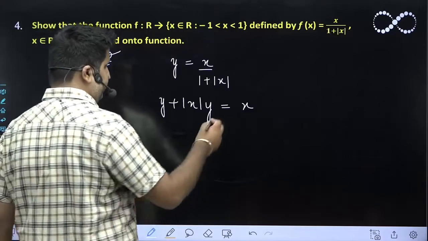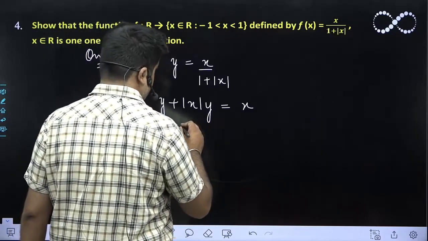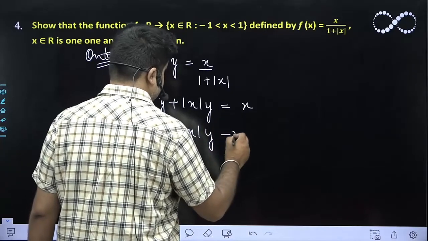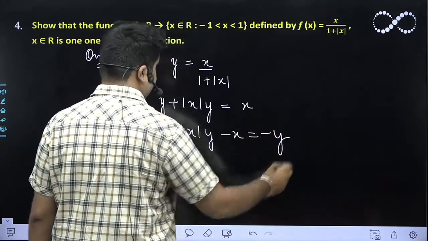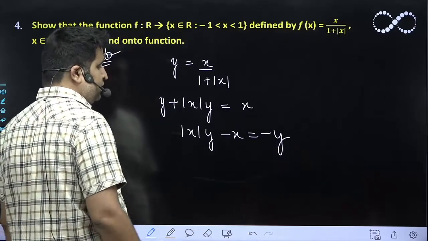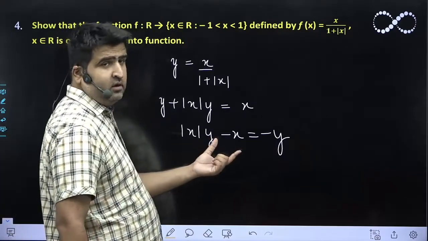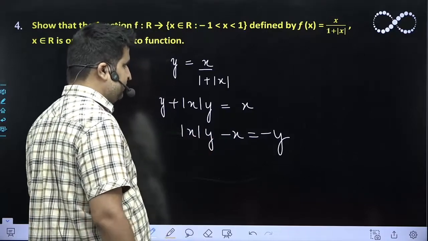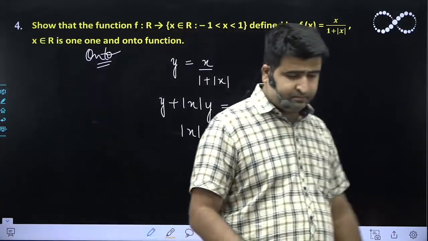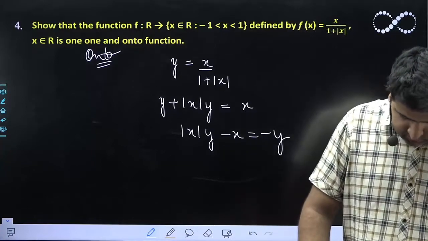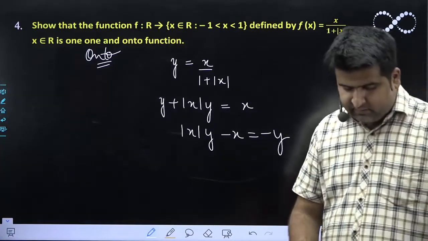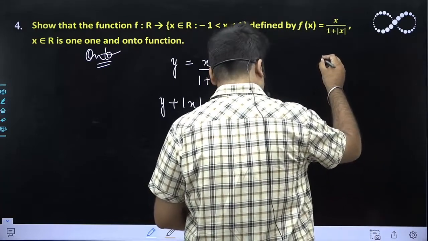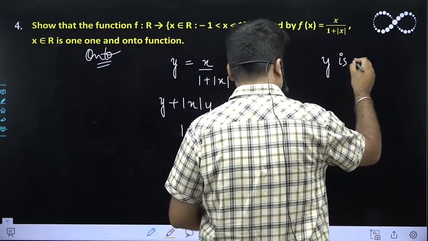So from here you get mod x y minus x is equal to minus y, right? So there will be two cases here. In first case x will be negative, in the second case x will be positive, and the values of x you will get will be, first case will be when y is negative.